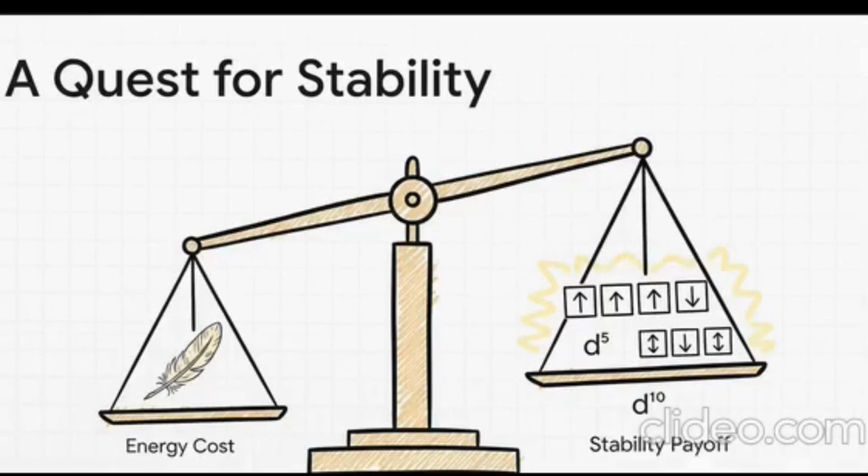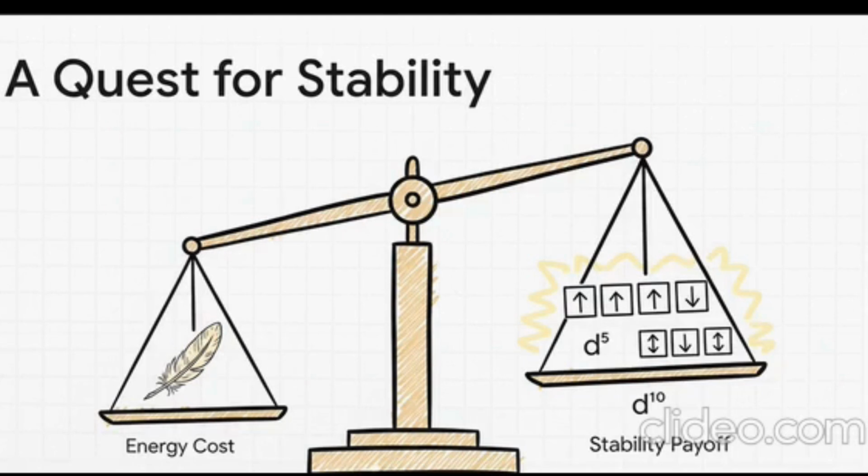And the answer, the clue to this whole mystery, comes down to one single powerful word: stability. It turns out there's this special low-energy stability that an atom gets from having a subshell that is either exactly half full or completely full. It loves that symmetry.